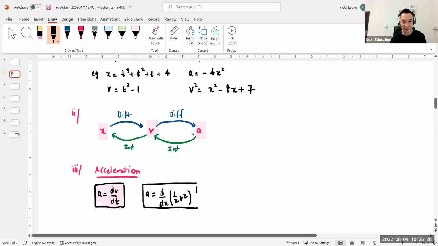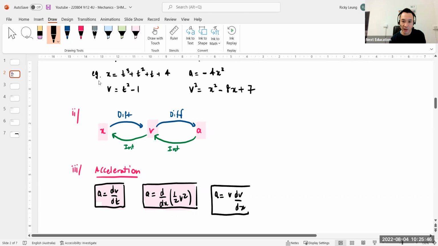Which we actually access quite readily when we talk about simple harmonic motion. And the last one, which is usually reserved for resisted motion type questions, where we have to derive displacement, is v dv/dx, right?